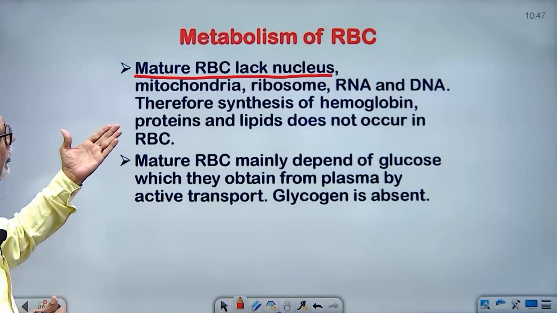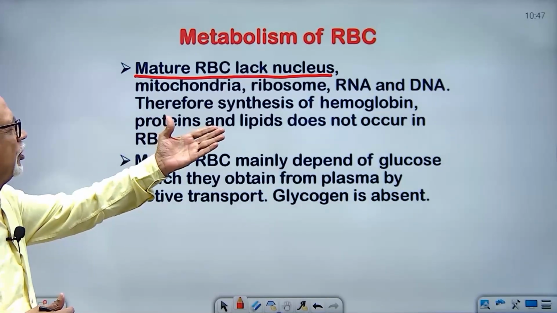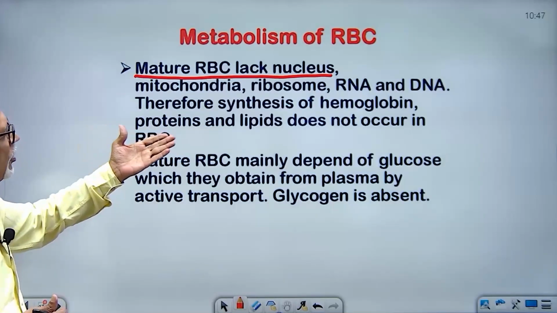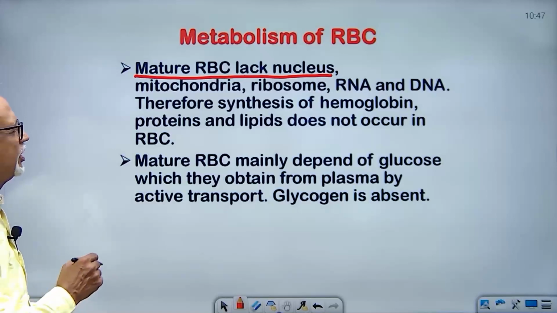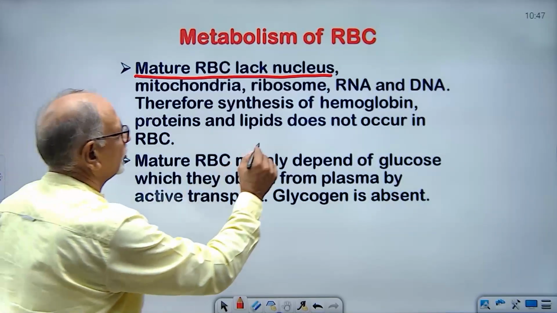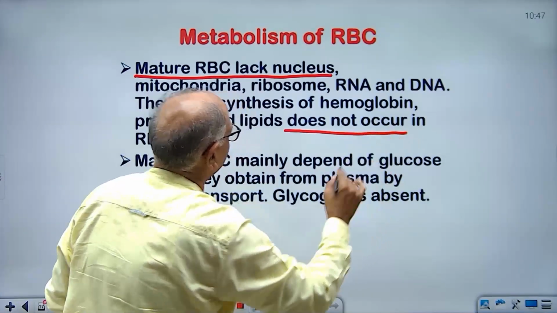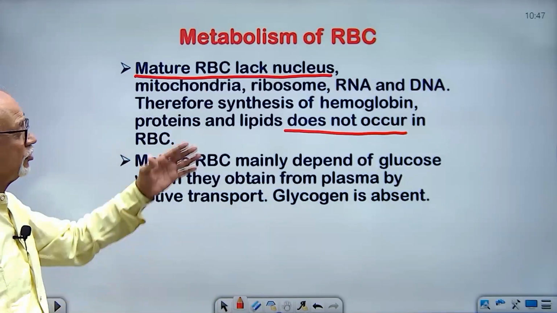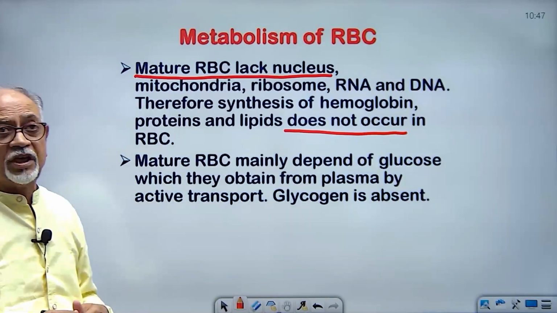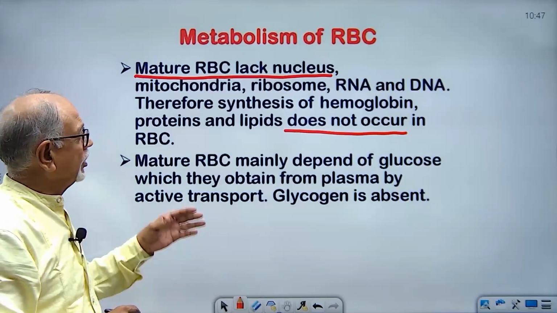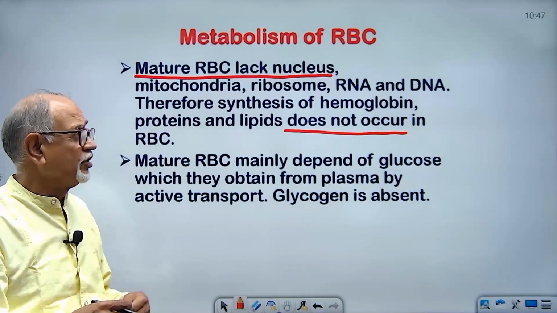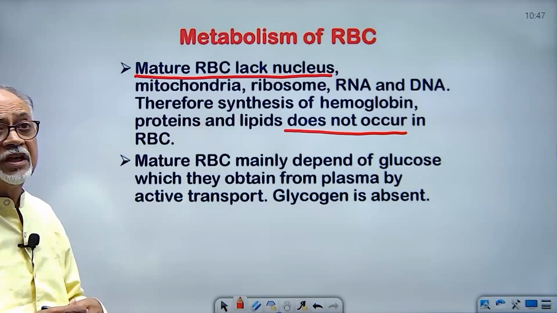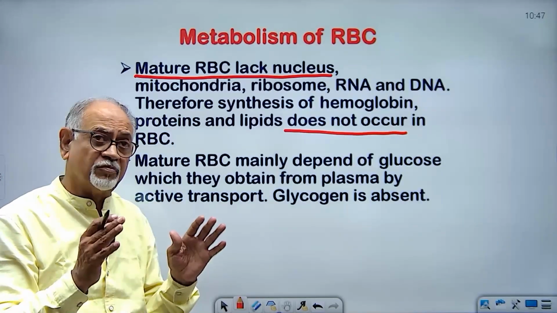So, therefore, hemoglobin synthesis, and synthesis of proteins and lipids, does not occur in mature RBC because it does not have a nucleus, it does not have mitochondria where heme synthesis occurs, it does not have ribosomes where protein synthesis occurs, it does not have DNA to command all these synthetic processes.